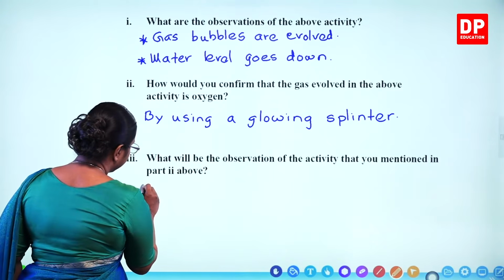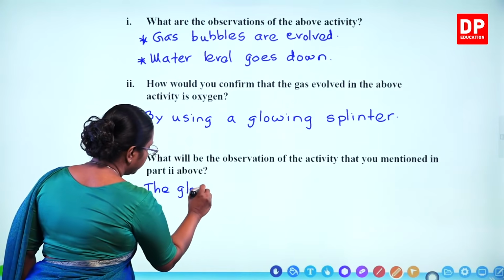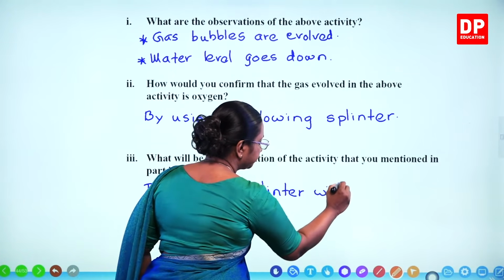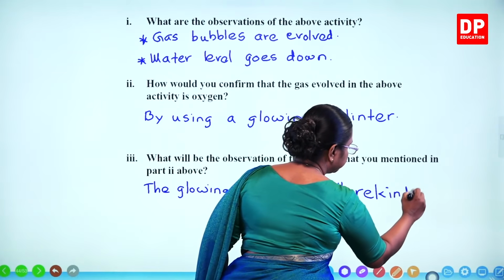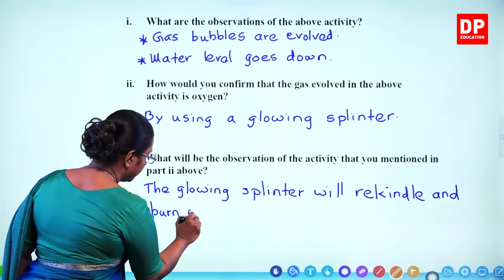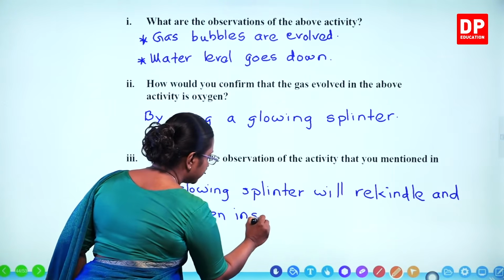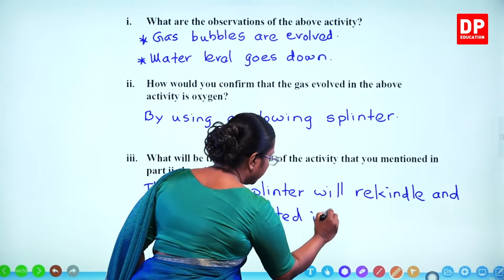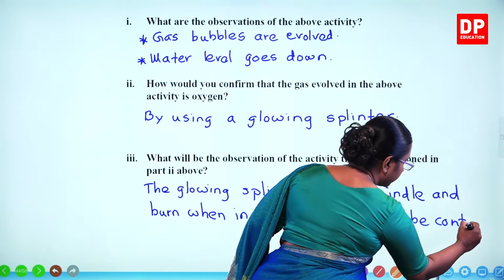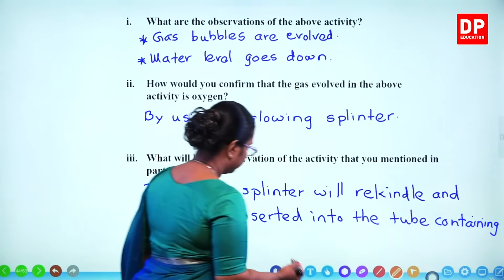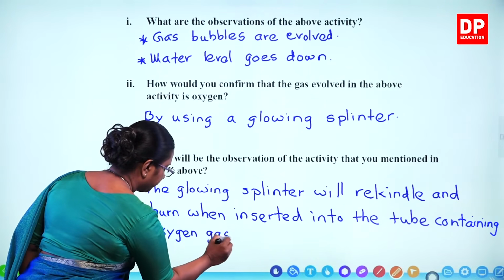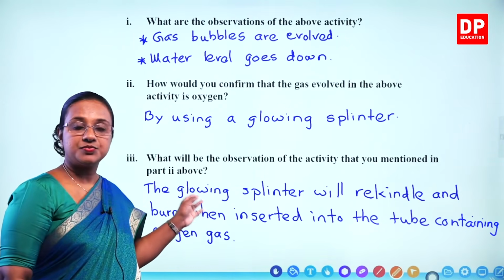So here you can write the glowing splinter will rekindle and burn when inserted into the tube containing oxygen gas. So those are the answers for these questions.